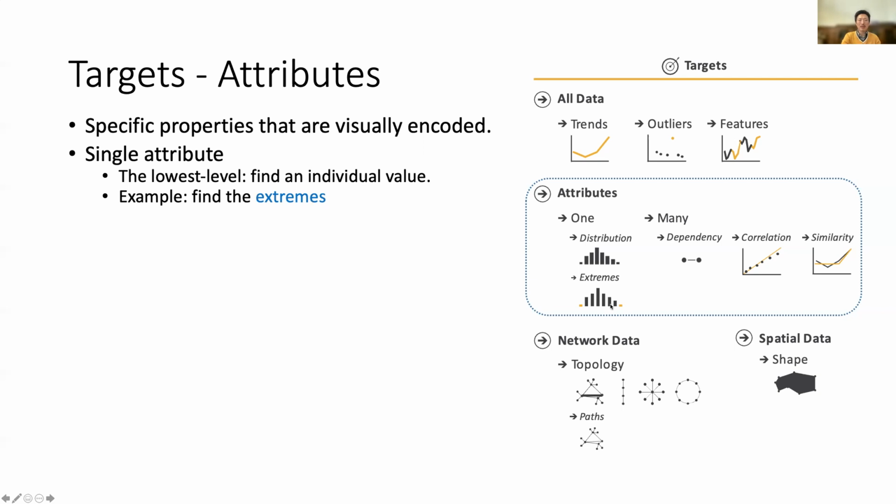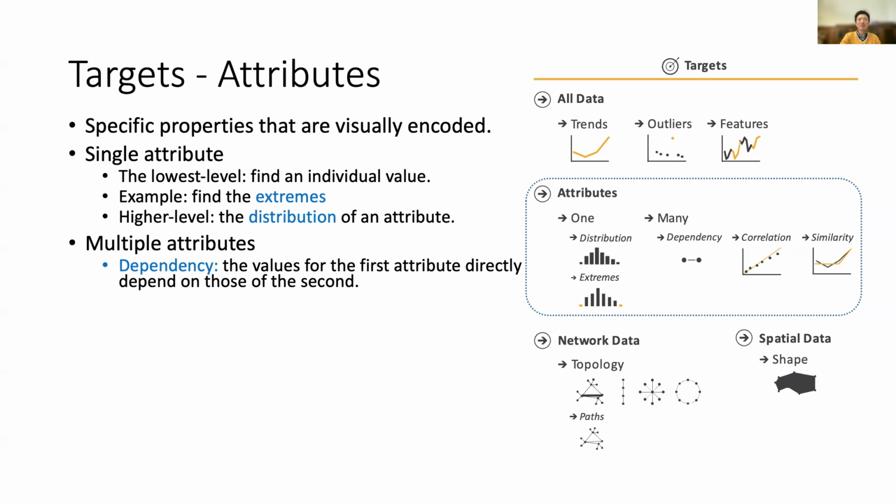What are the minimum and maximum values? I think you did this a lot already in the car example. You might look at the distribution of the fuel economy of sedans, or you look at which car has the highest or lowest city MPG. So these look at one particular attribute.